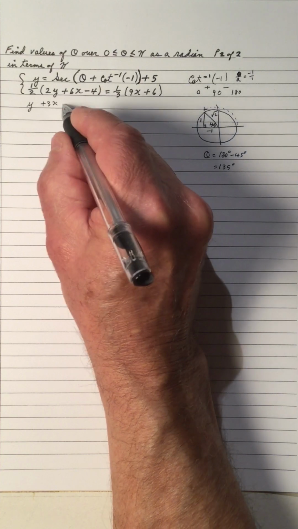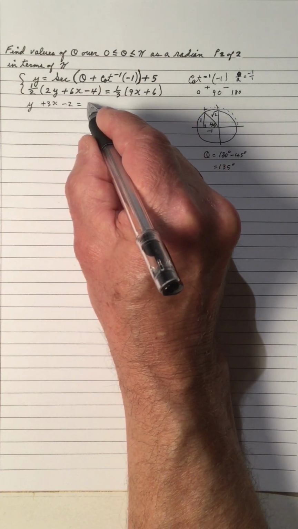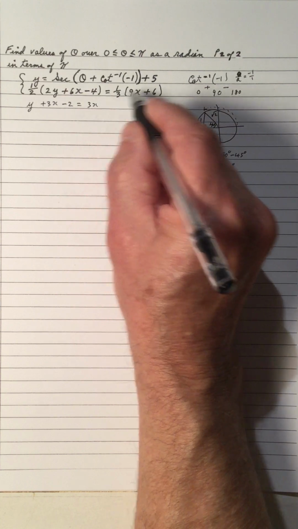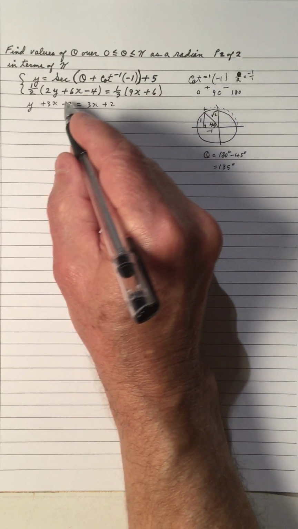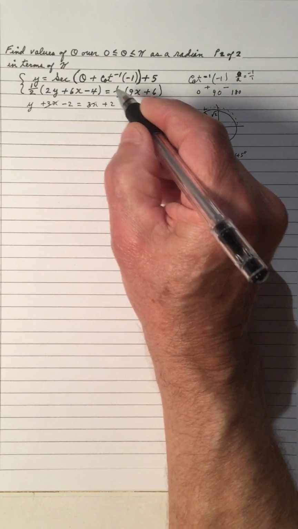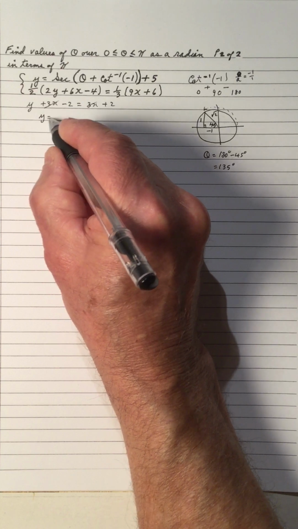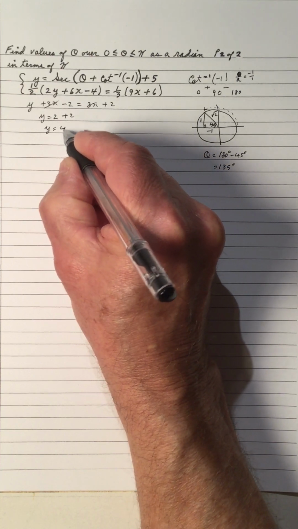A half of negative 4 is negative 2. 1/3 of 9x is 3x. And 1/3 of 6 is plus 2. There's a 3x on each side, so they cancel out. So y is equal to 2 plus 2, so y is equal to 4.